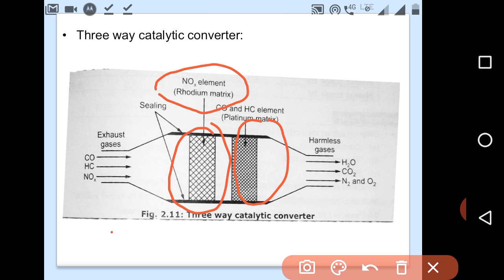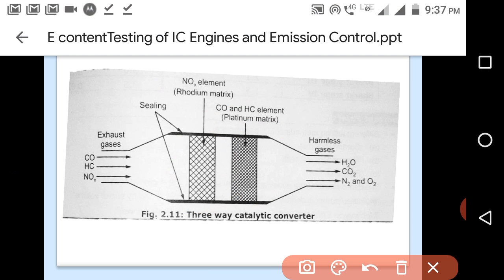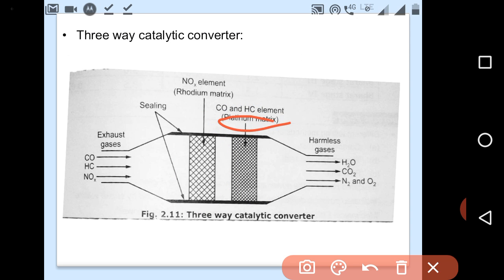In the second stage we again use platinum and palladium as catalysts, and they convert the carbon monoxide and hydrocarbon into water and carbon dioxide.